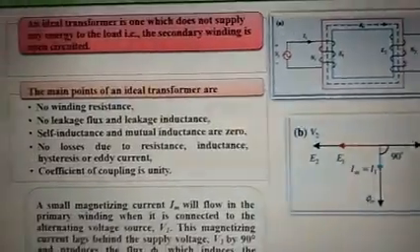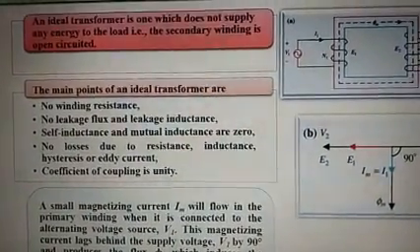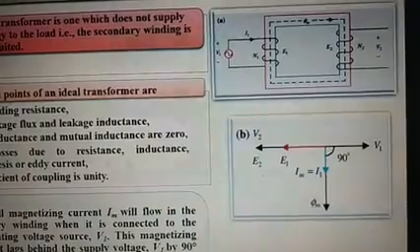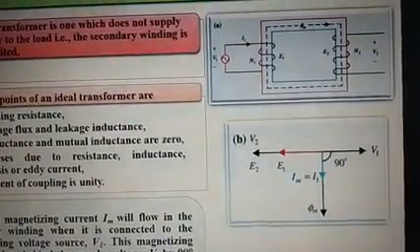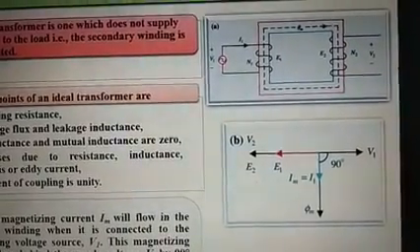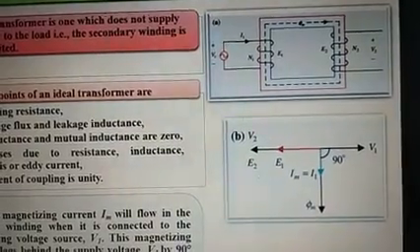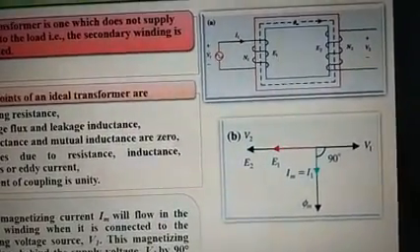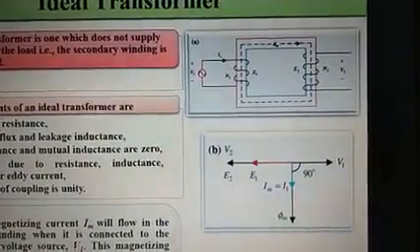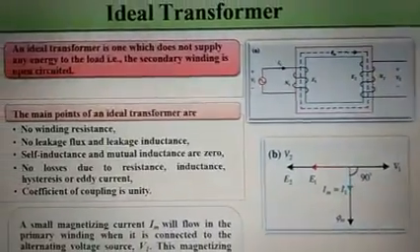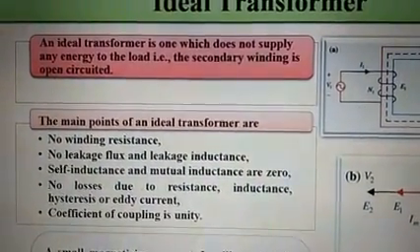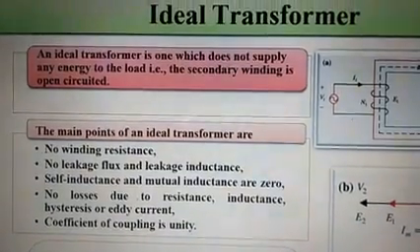Ideally we are assuming there is no winding resistance. So if no winding resistance, V1 is equal to E1 but with 180 degree phase shift. It means you can say that V1 is equal to minus E1. So this is the primary side phasor diagram of the ideal transformer. So these are the main points or conditions for the ideal transformer.